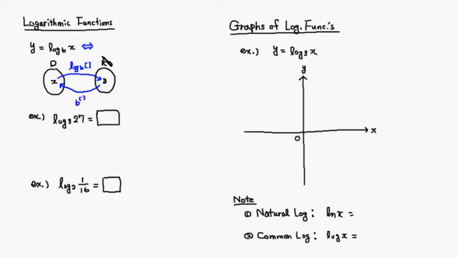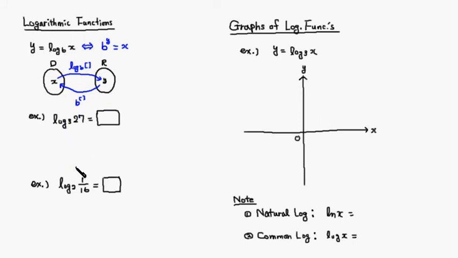If the log function goes from x to y, then the exponential function goes from y to x. So we just have to write that. Base is going to be b, so it's b to the y, going back to x. So this is the definition.